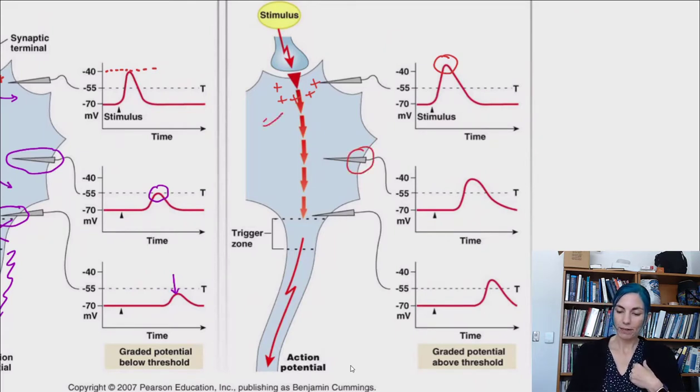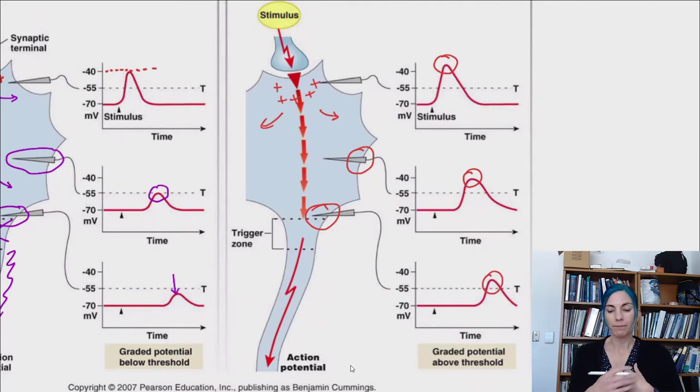Yes, there's a little bit of loss, but because we had such a strong graded potential to begin with, we're still above that minus 55 point. And then by the time we reach here, we're still above minus 55 millivolts.